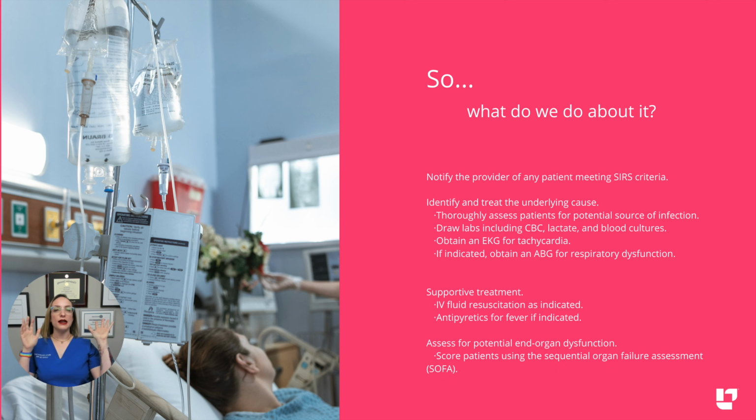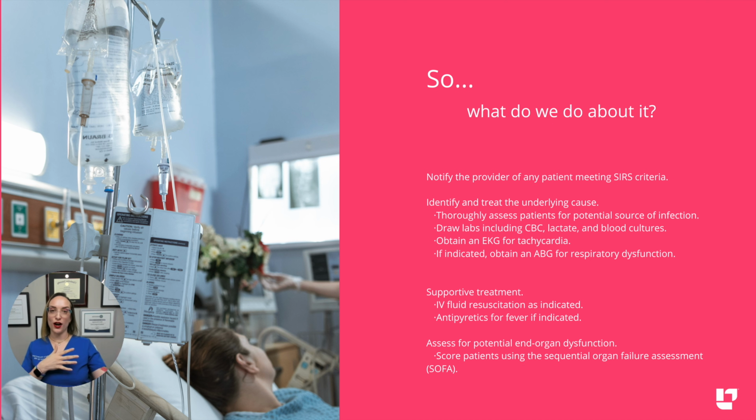And then this one is, I want you to learn it, love it, get a necklace that says it: assess for end organ dysfunction. If I have a patient who is meeting SIRS criteria, even if I cannot identify a source of infection, I still want to be thinking, is there the potential that my patient is already past SIRS and we are experiencing some sort of organ dysfunction, which now complicates this picture?